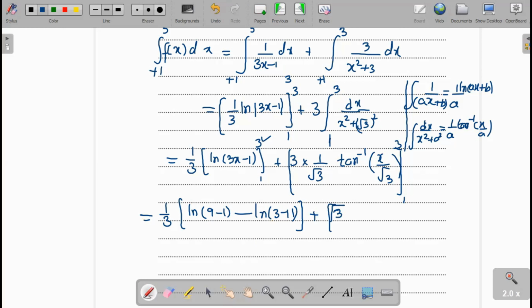That can be written as under root 3, and tan inverse 3 over under root 3 minus tan inverse 1 over under root 3.